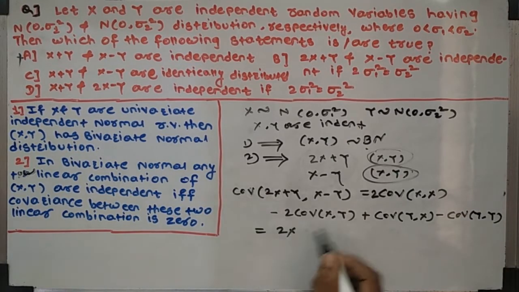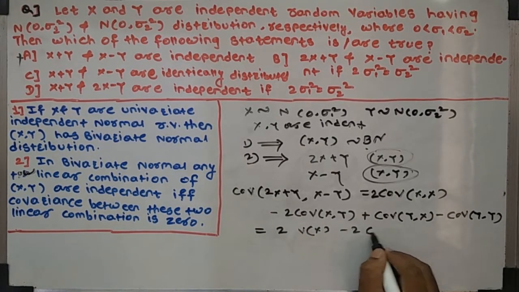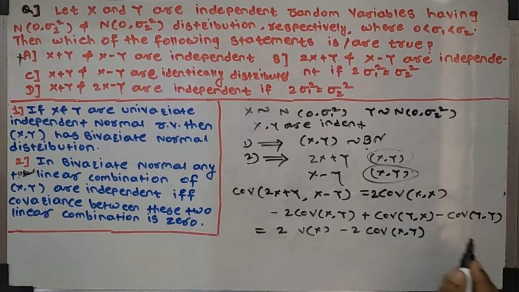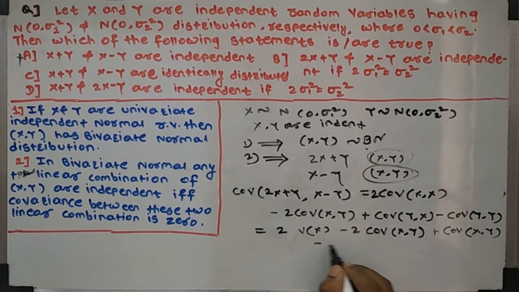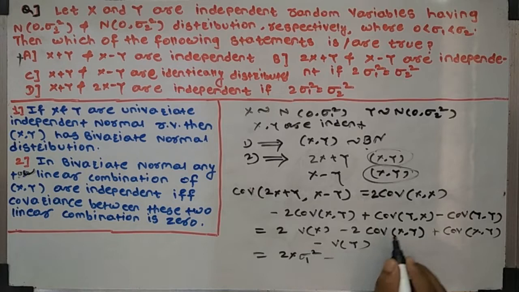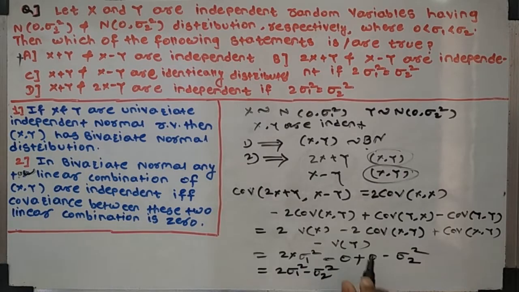So this is equal to 2 times Cov(X, X), which is the variance of X, minus 2 times Cov(X, Y), plus Cov(Y, X) which equals Cov(X, Y), minus the variance of Y. This is 2 times sigma1 squared, minus 0 because X and Y are independent so the covariances are 0, minus sigma2 squared, which equals 2 sigma1 squared minus sigma2 squared. This equals 0 if 2 sigma1 squared minus sigma2 squared is equal to 0.